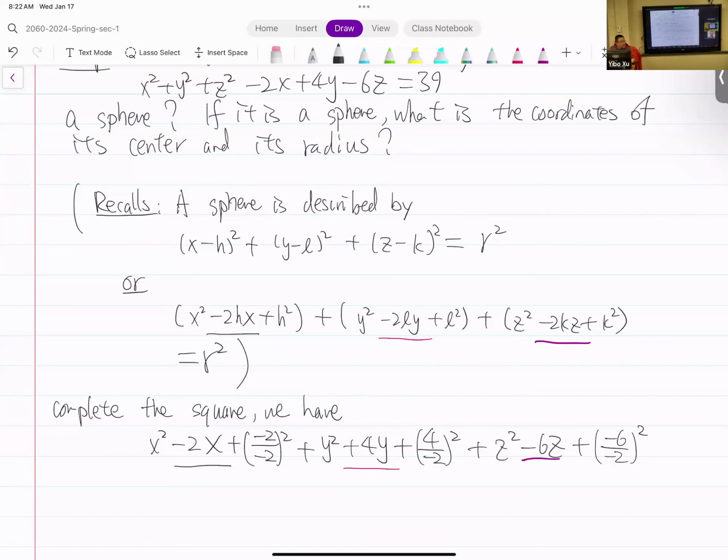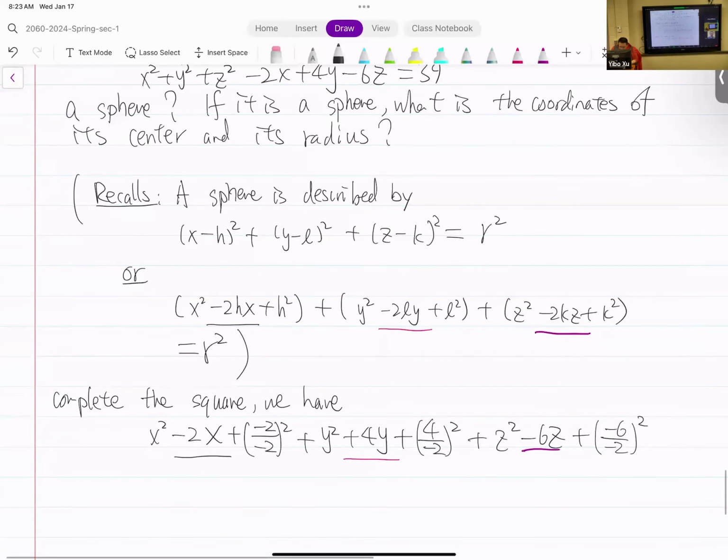Okay, so now I see many of you are nodding. So now what we have done, we just rearrange the order of the expressions in terms of x, y, and z, right? But now we add some squares, right? So at the beginning of the equation, we add things on the left-hand side. So we want to do the same to the right-hand side as well.